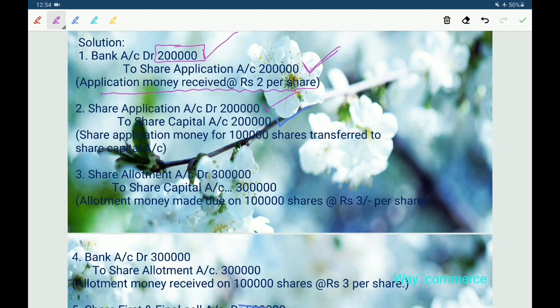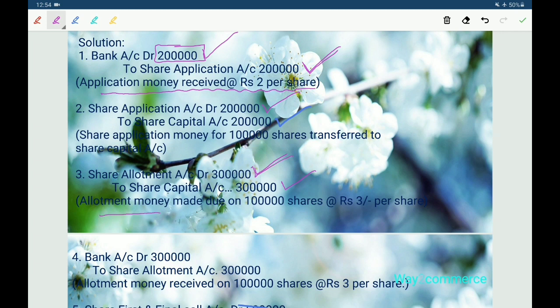Next, third journal entry, the allotment due entry. Share allotment account debited to share capital account. How much amount? 3 rupees is the share allotment price, so 1 lakh shares into 3 rupees, 3 lakhs. Share allotment account is debited to share capital account 3 lakhs.